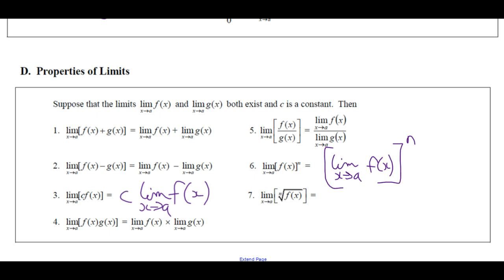And if we have a radical, it's the same thing: we can take the nth root of the limit. So those are the properties of the limits, and they are also listed in the textbook, so you'll have them there to look at.